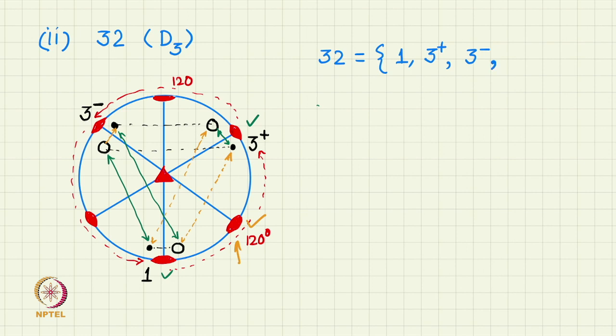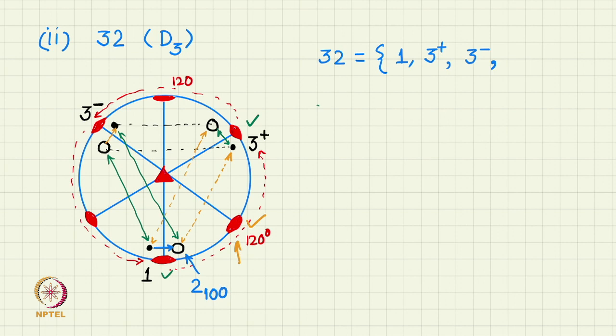The other 3 equivalent points should give us 3 more operations. So, what are they? This particular point results from the original point by a twofold rotation about this axis. Let us call this the x axis. So, this is 2 1 0 0.